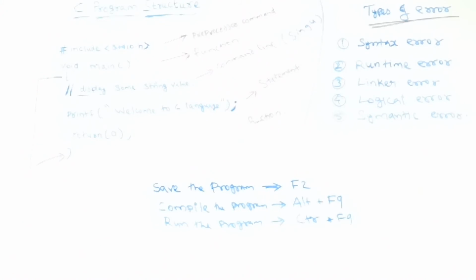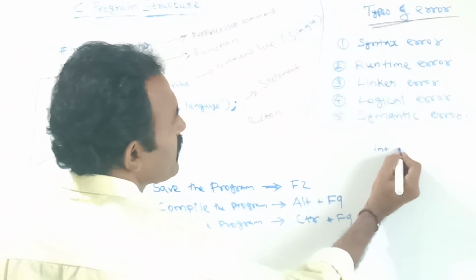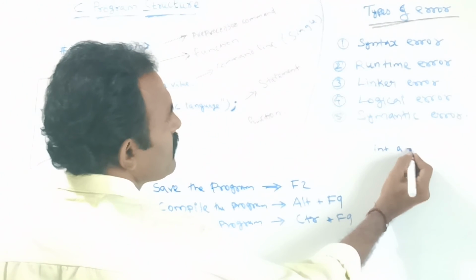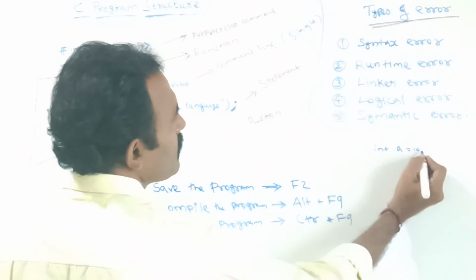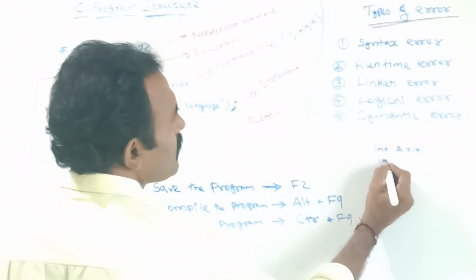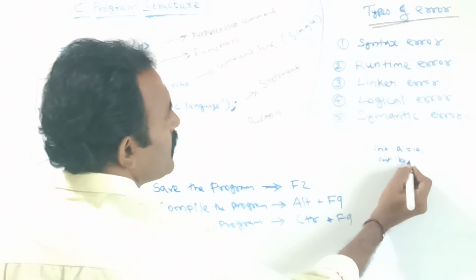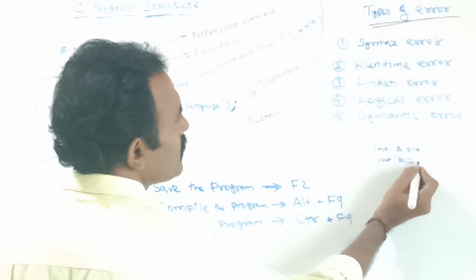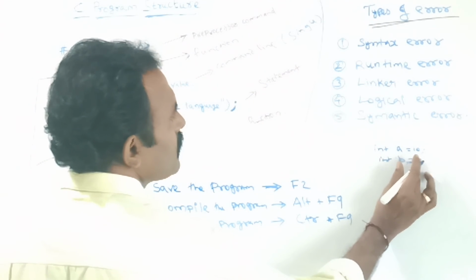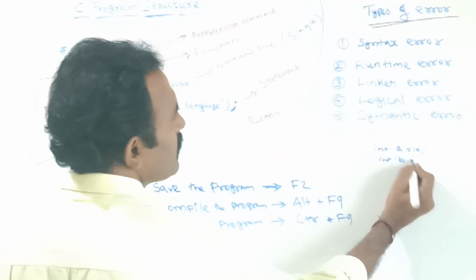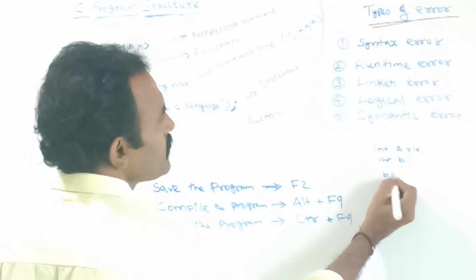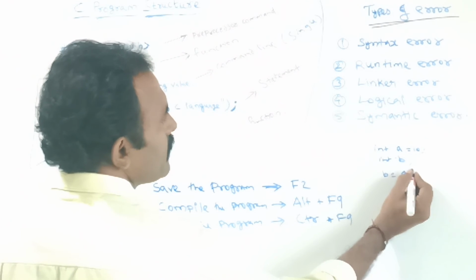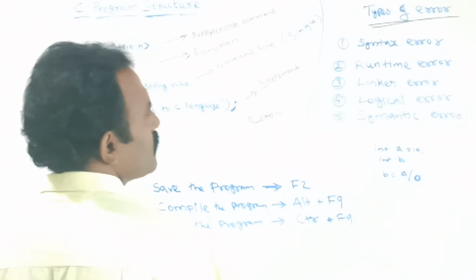While running a program, suppose you are declaring integer a is equal to 10, integer b is equal to 0, and next, b is equal to a divided by 0.